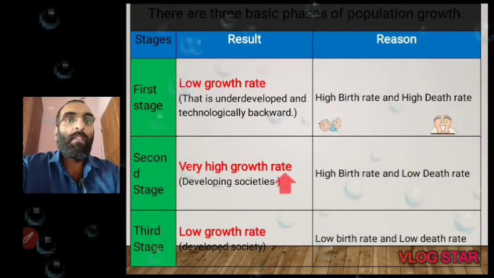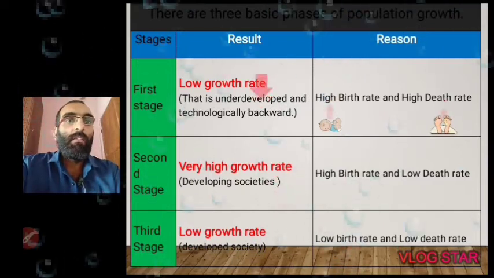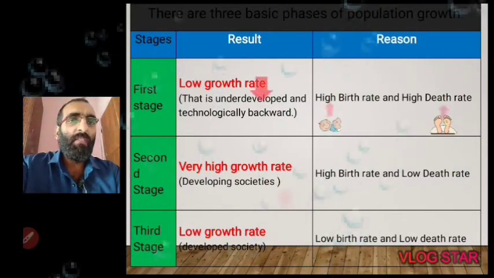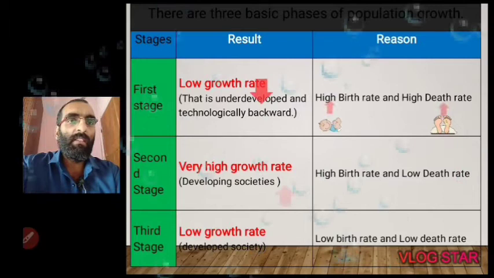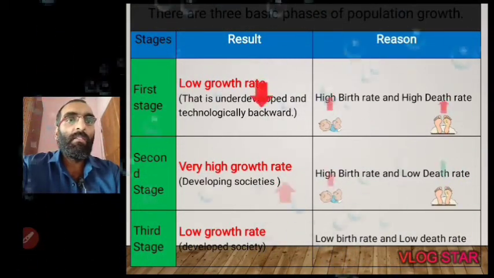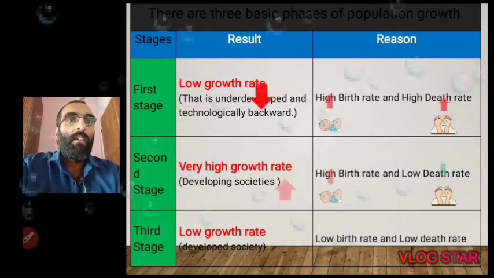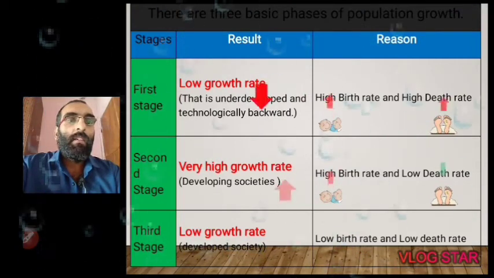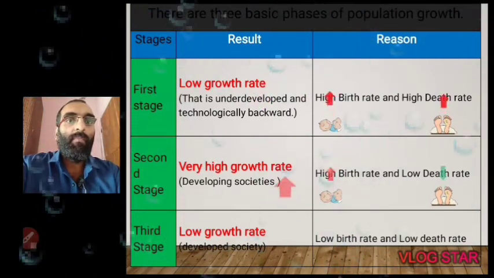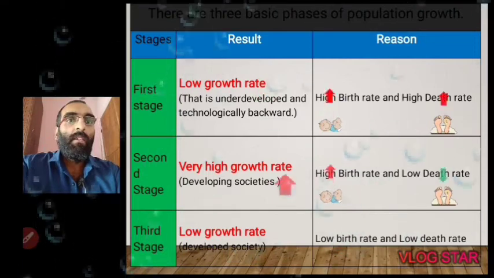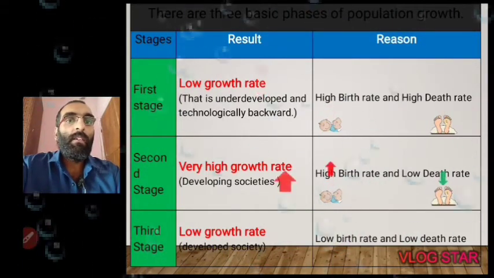You can see the very high growth rate. High birth rate, and the death rate is very low. That is what we see in the second stage.